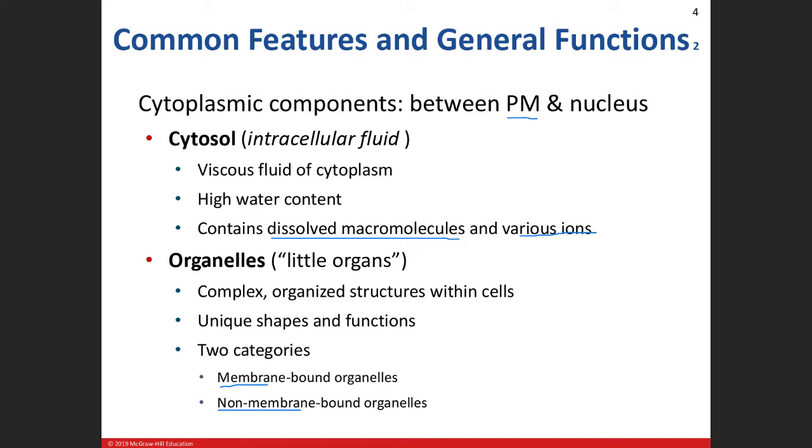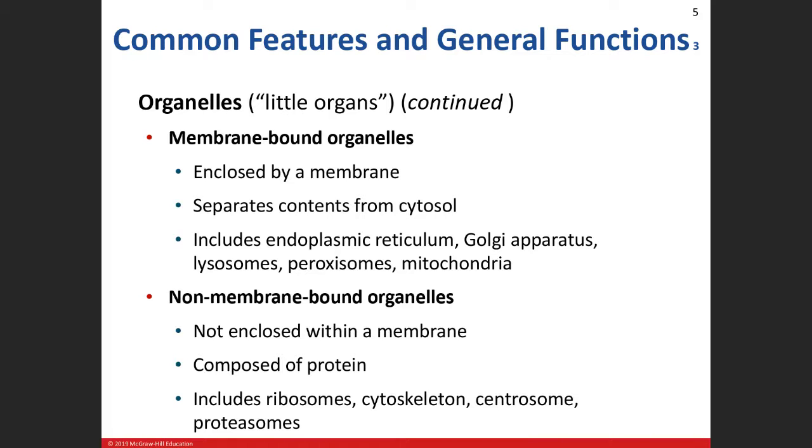And usually you have a membrane enclosing this organelle, because that organelle is usually performing some sort of function in which it can't be disturbed by anything outside of that organelle. So it has to have a membrane that is covering it. The first type, membrane bound, has a membrane covering, right? It helps to separate whatever's inside that organelle from the cytosol.